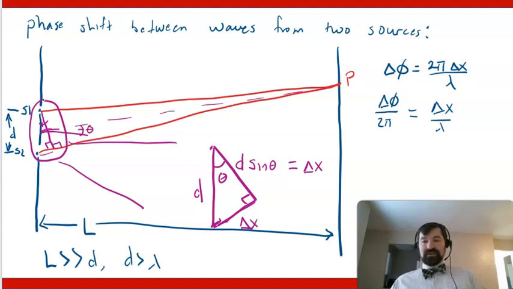Okay, so delta x over lambda is equivalent to saying if d times sine of theta over lambda is equal to n, then it's bright.